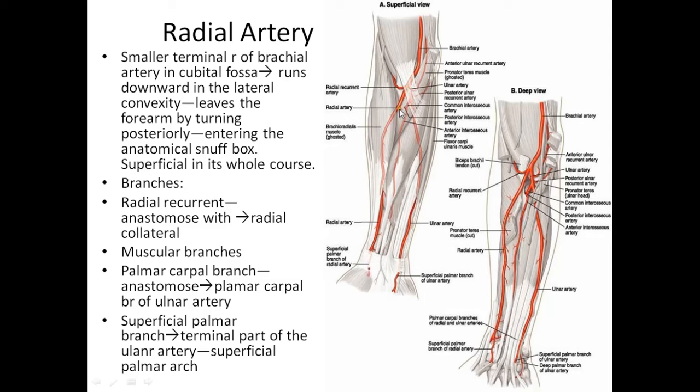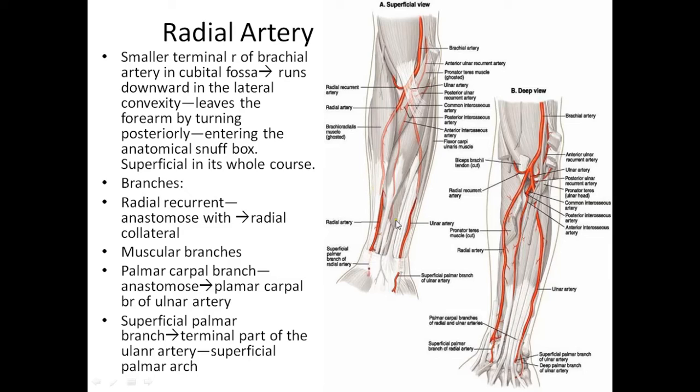It runs downwards in a convexity and leaves the forearm by turning around posteriorly into the anatomical snuff box. In its whole course it is the most superficial structure and is related with the superficial branch of the radial nerve, and it lies only deep to the brachioradialis muscle in its middle part.